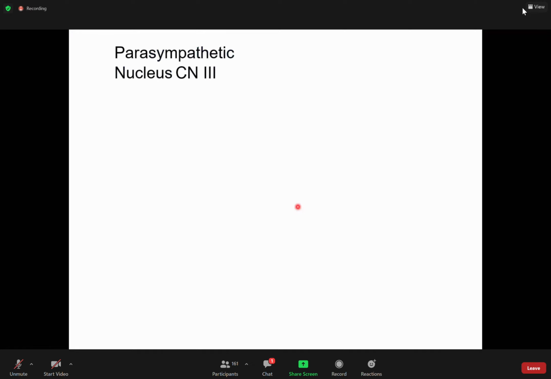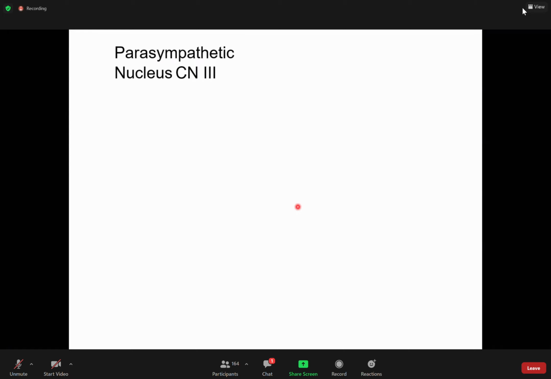Now we also have some parasympathetic supply, and we have four parasympathetic ganglia in the head and neck region. One is in the orbit, which is called the ciliary ganglion, which supplies the smooth muscles of the eye, the ciliary muscle as well as the sphincter pupillae.